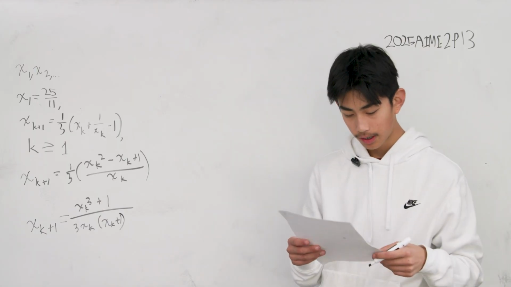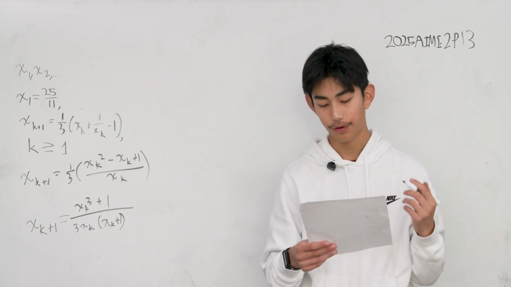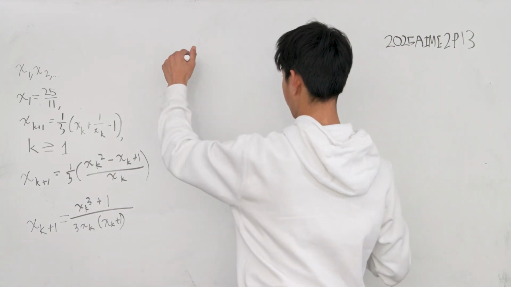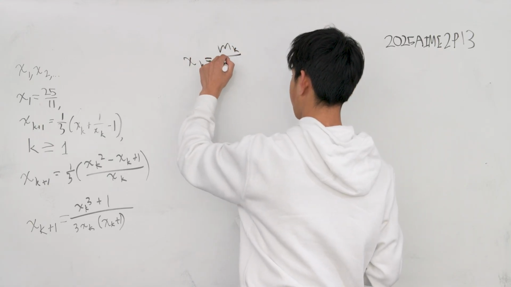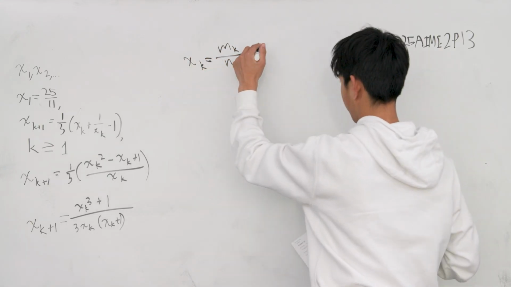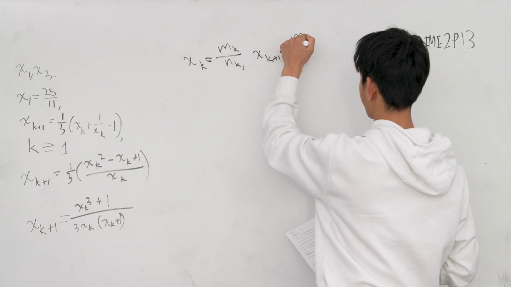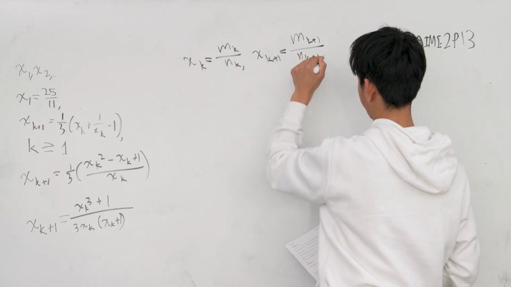Now, the problem says that x sub 2025 can be expressed as a fraction m over n. Therefore, we can let x sub k be m sub k over n sub k, and x sub k plus 1 is therefore m sub k plus 1 over n sub k plus 1.